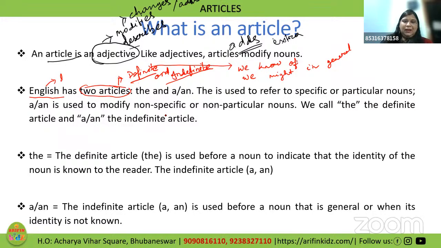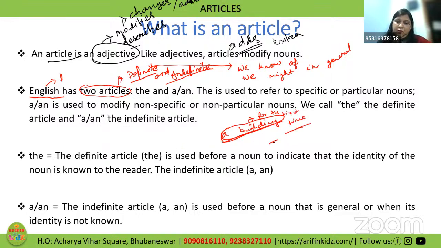Like when you are saying, I just saw a building. Why are you calling it a building? Because we are just coming across this building and it is the first time we are mentioning it.